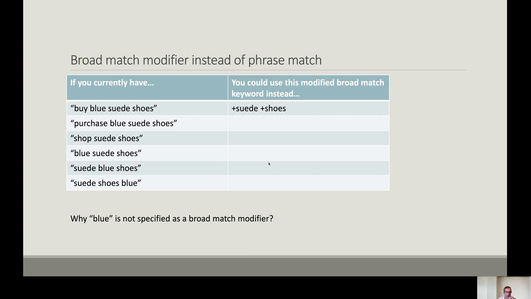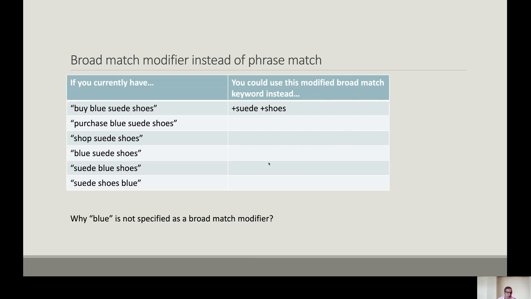A quick question here: why did we not include the modifier plus blue in this list? We did not include plus blue because, if you look at the third phrase match keyword, it says shop suede shoes.